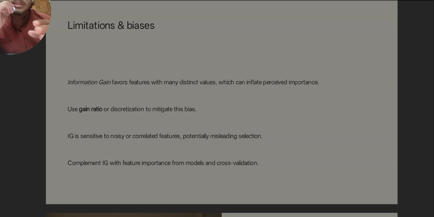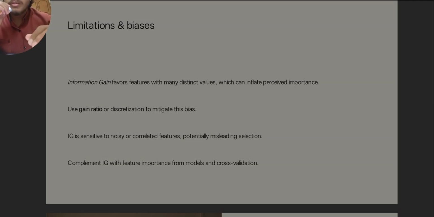Such features may split data perfectly but do not generalize well. Second, overfitting risk. Selecting features purely based on IG can lead to overfitting. The model may learn noise instead of real patterns.